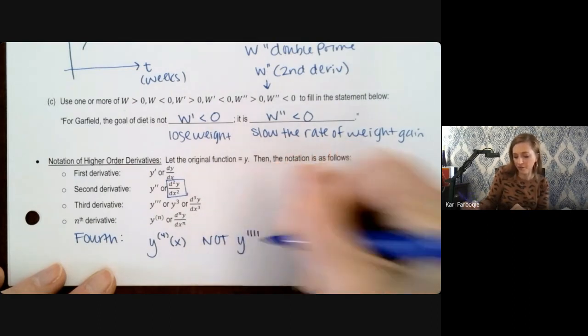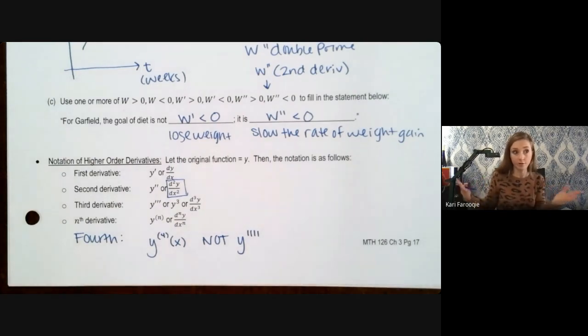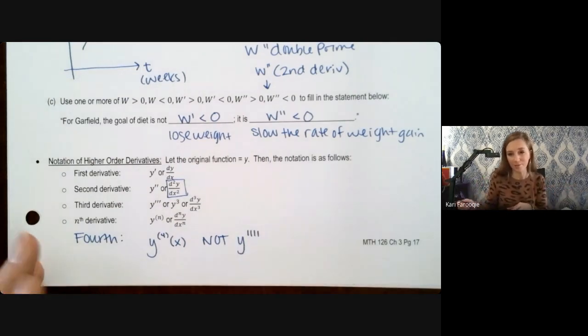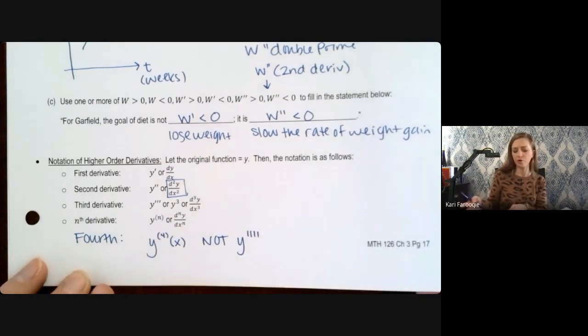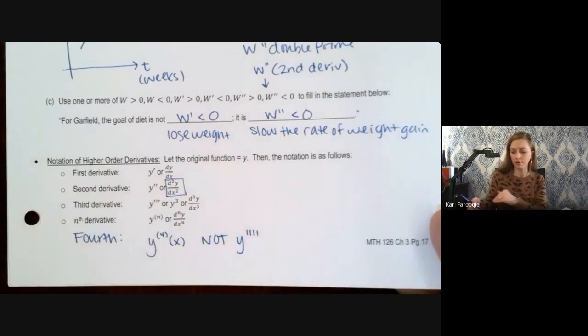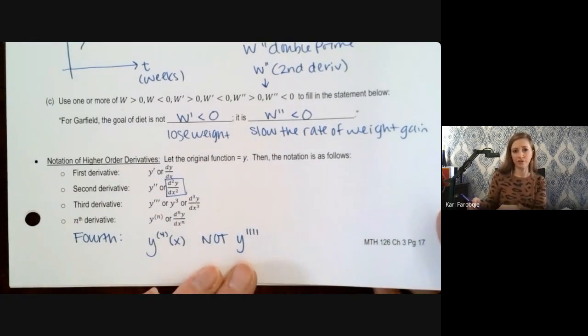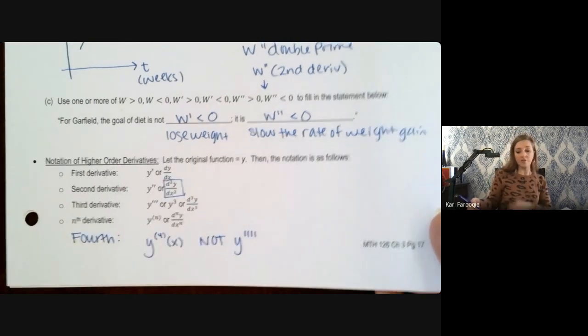In writing, once you start to include so many apostrophes, it gets really muddled, and it's hard to add up how many there are. So that's why we stop at 3. I think it's easier to discern 3 apostrophes versus 4, where it's just like, wait, what? That's why we use this notation. All right, so that's the notation for higher order derivatives.